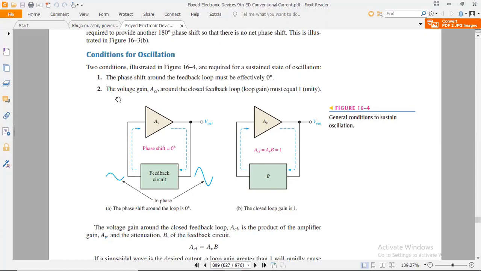Now number two, the voltage gain. The closed loop gain formed around the closed feedback loop, that loop gain must equal 1, unity.